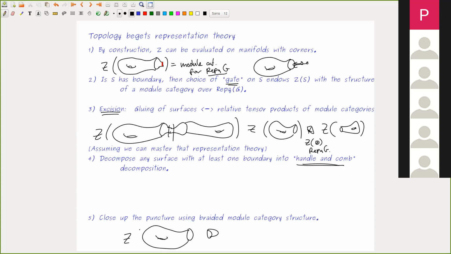And so that tells us that we need to understand these things. But now I want to seal up over the entire boundary. So I have to tensor over Z of a circle. And you note that these are both braided module categories. So just the magic of fully extended TFT translates this whole question into some algebra.